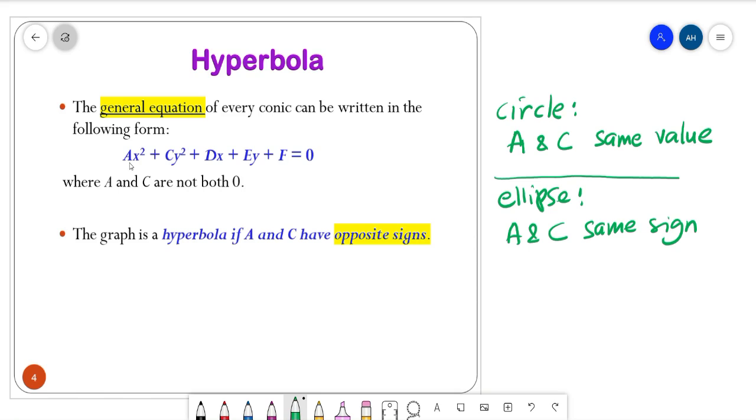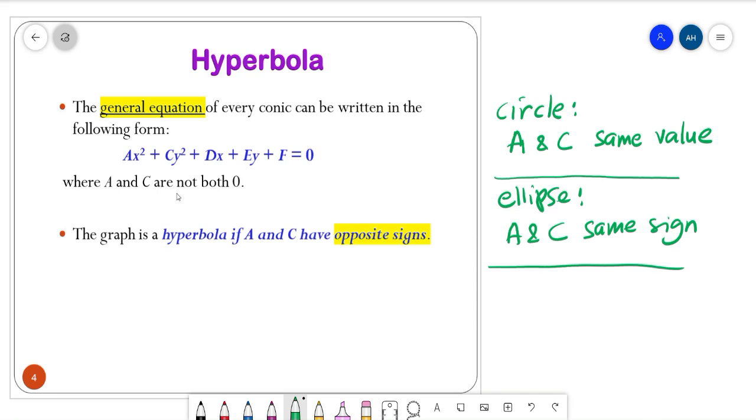If a is positive, for example, c also must be positive, meaning both of them positive. Or the other way around, we can have a negative and c also negative. Same sign. Therefore that equation will represent an ellipse because they have the same sign. So that is the indicator that the general equation represents an ellipse: when they have the same sign. We just look at the values of a and c only.